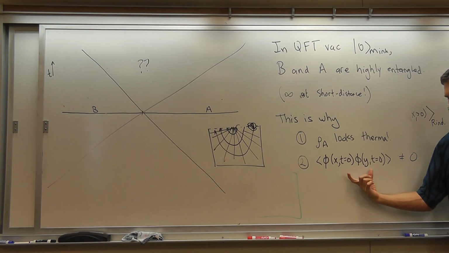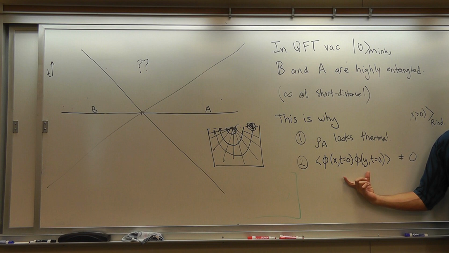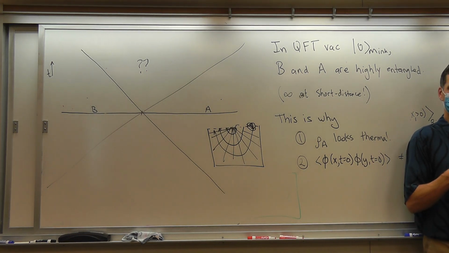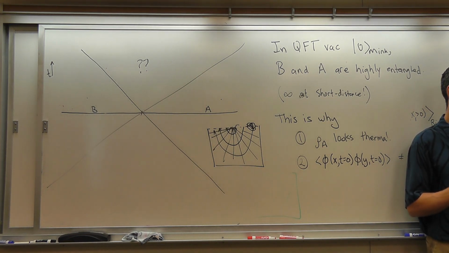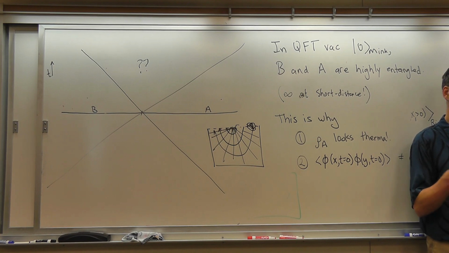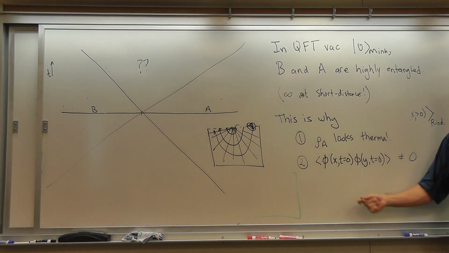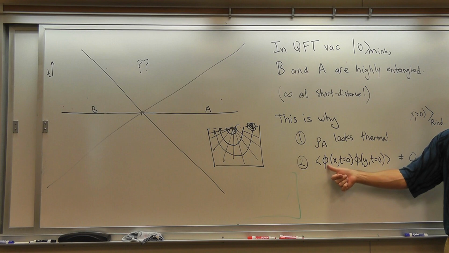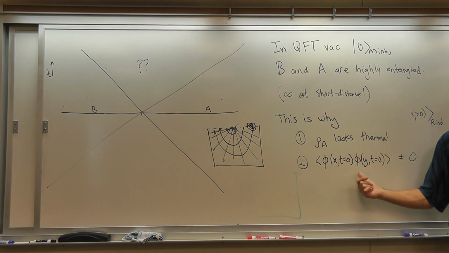But space-like correlations at short distance are always singular. Everything is infinitely correlated, so as you bring them together, there's a singularity. The strength of that singularity depends only on the scaling dimension of the operator in the UV.